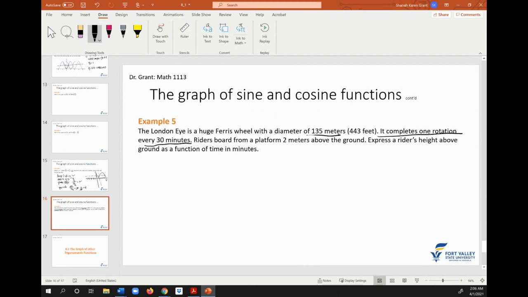So if it completes 1 rotation every 30 minutes, that tells me my period is 30. Because when we talk about our period, it's really when the graph gets that complete rotation. So my period is equal to 30 minutes.